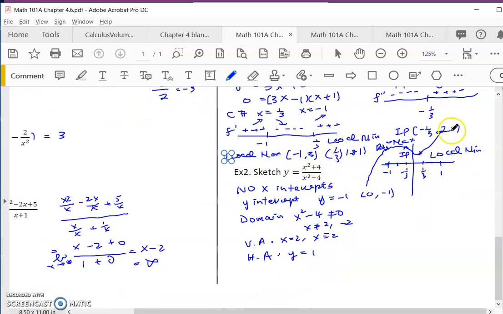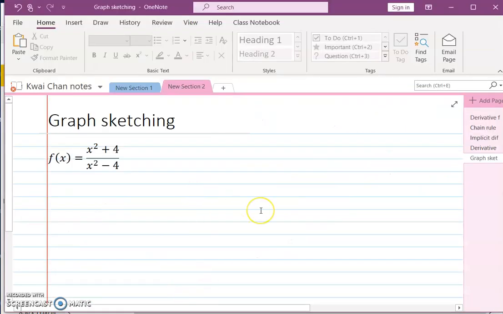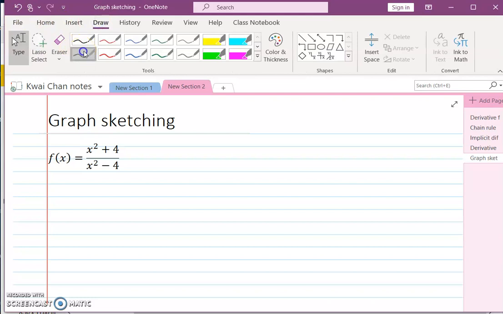We don't have enough space here to do f prime and the critical values, so I'm going to switch to a notepad over here, so then we can write the result back. So how do I do this? First of all, we need to find the critical points, so do the first derivative.